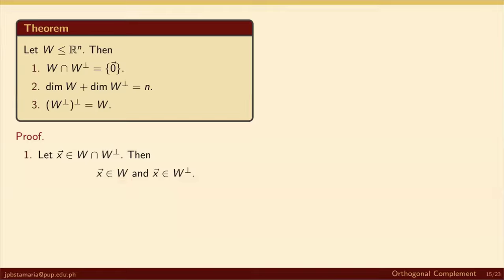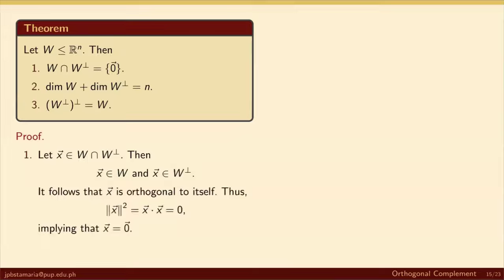But the vectors in W perp are orthogonal to the vectors in W. What does that say? It says that x has to be orthogonal to itself. Therefore, if I take the dot product of x with itself, it has to be 0. But x dot x is the square of the norm of x. This means that the norm of x is 0, and that implies that the vector itself is 0, proving that the only thing living in the intersection is the 0 vector.